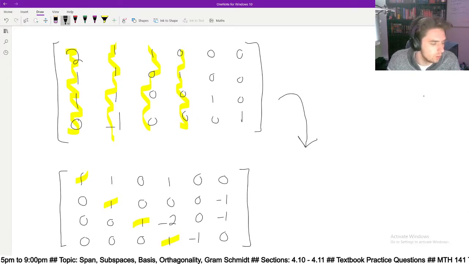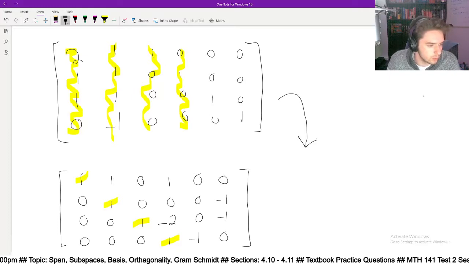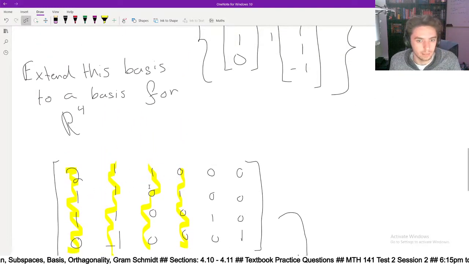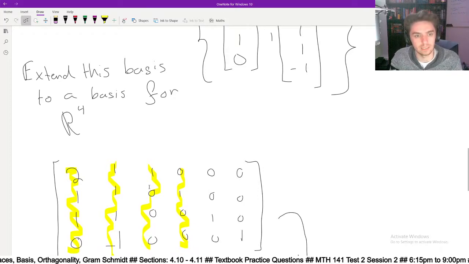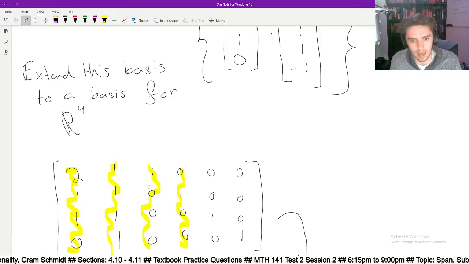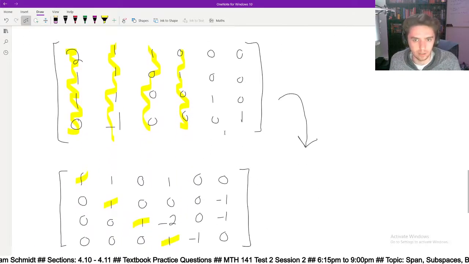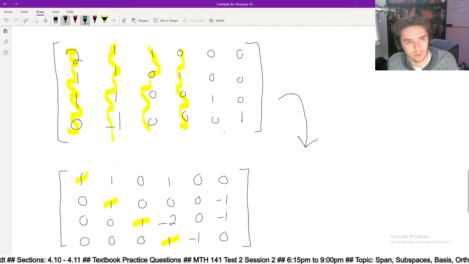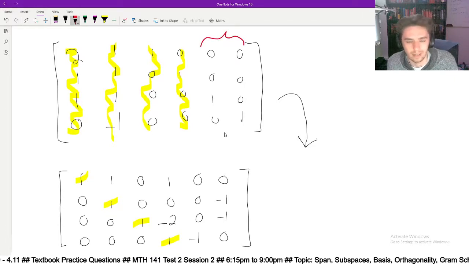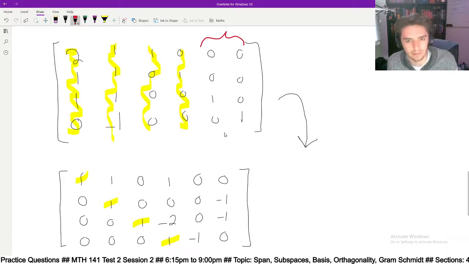And so you're given three vectors. Would you put all three in? Yeah, you'd put all three in the matrix, right? You'd put all three. And then put on the standard basis that you're trying to extend to, right? And then do this because this points out all the linear dependencies, right? These two are linearly dependent on the rest, or I don't know if I'm using the right words there, but these two don't count. They don't add anything to the span, right?